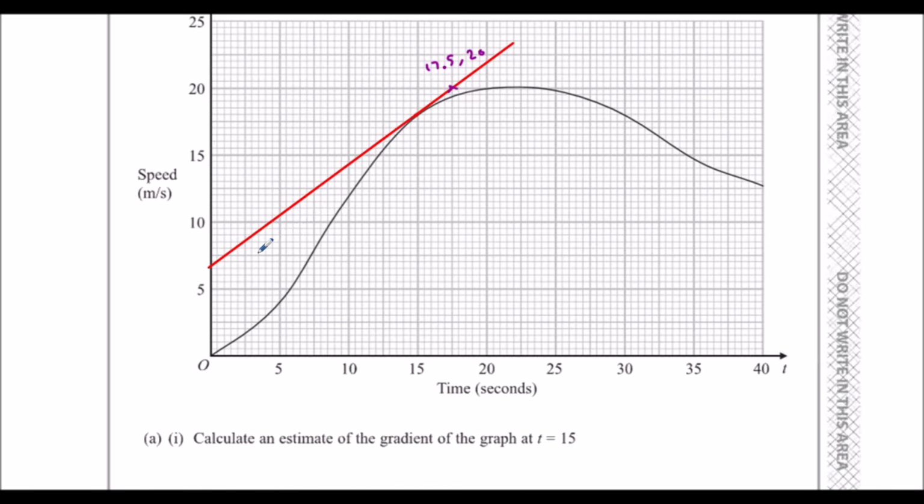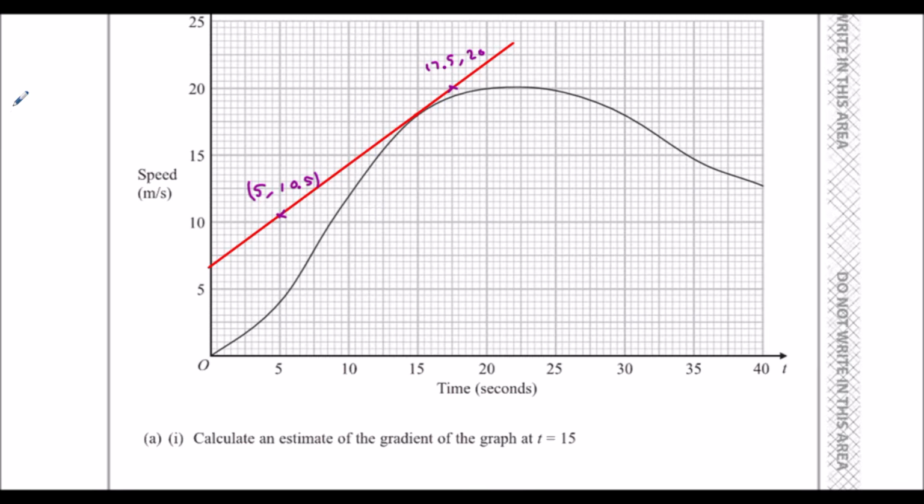And let's look for something over here. 5, 10.5. So we'll go with 5, 10.5 here. So we're just finding 2 points on our line, and we're going to use them to work out the gradient.